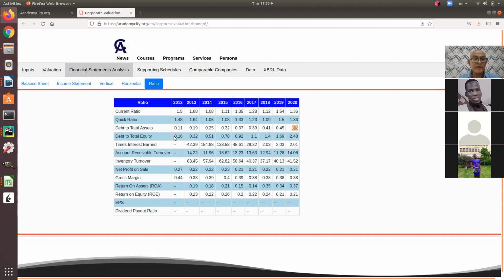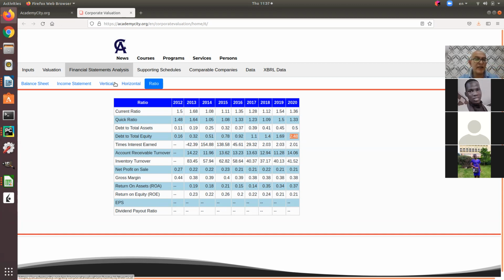It used to be very small, because most of the company was financed by equity. Now it's totally changed, 2.5 times. The debt is 2.5 times the equity. In other words, debt to total assets is half, or debt to equity is 2.5. That means only 20% is really financed by equity.